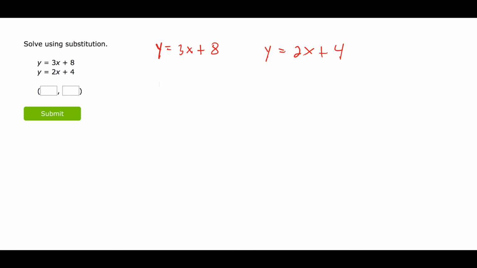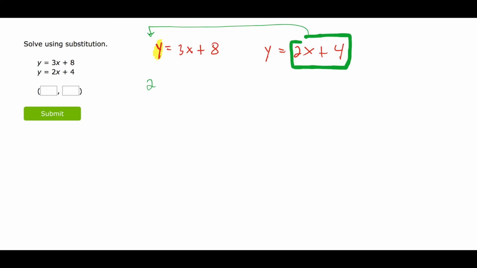All right, what letter is that? Y. When you are trying to find the point that these two lines have in common, that means they share the same y, which means you can substitute this value for y into that equation right there.